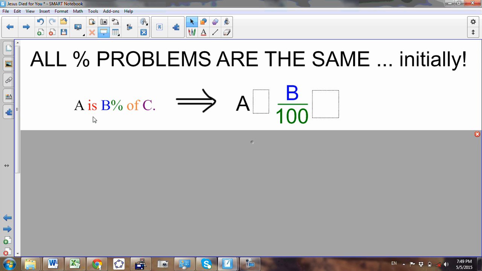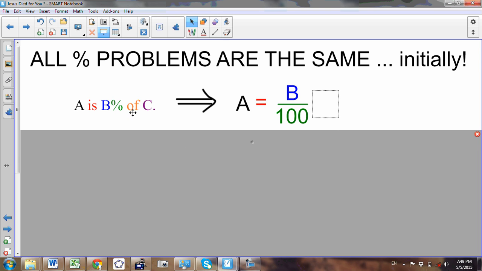Is is a verb. That mathematical verb translates as equals. Equals is one of the verbs in math. There are some other verbs like is greater than, the greater than symbol, or is less than, the less than symbol. Those are also verbs in math.